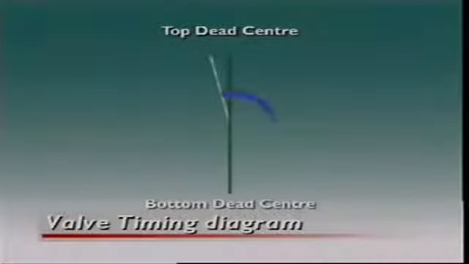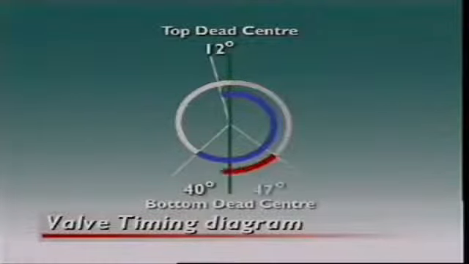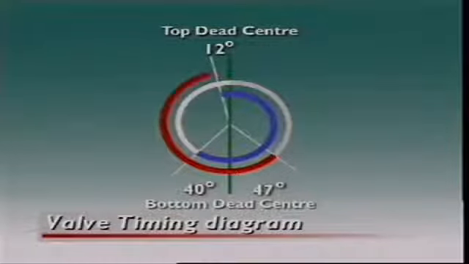This intake valve opens 12 degrees before the piston reaches top dead center, and it closes 40 degrees after bottom dead center. The exhaust valve opens 47 degrees before bottom dead center and stays open until 21 degrees past top dead center. This gives exhaust gases more time to leave.